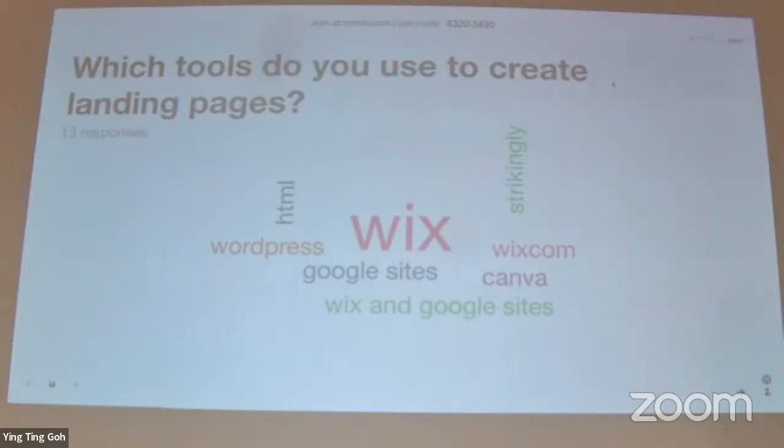Anybody using, what are some other options? I guess Google Sites. Anybody have a Google Sites website? Google Sites is free to begin with. Yes, no? Okay. WordPress. Anybody on WordPress or running a website or thinking of running a website on WordPress? Yes, okay, WordPress.